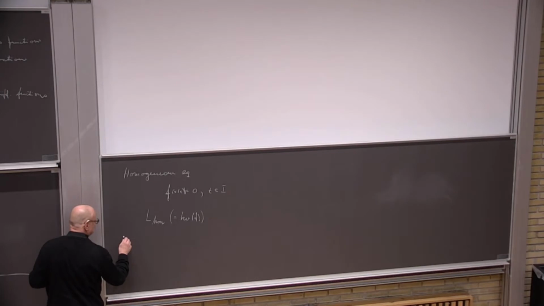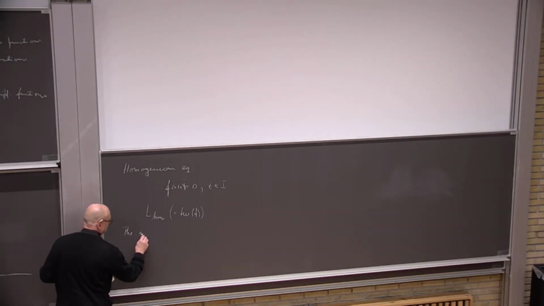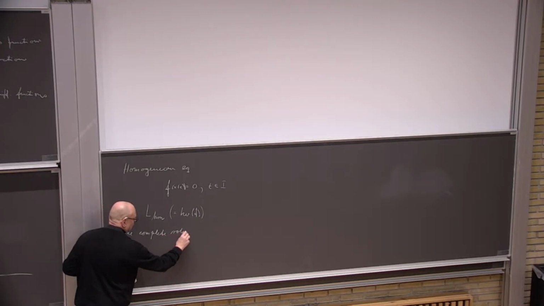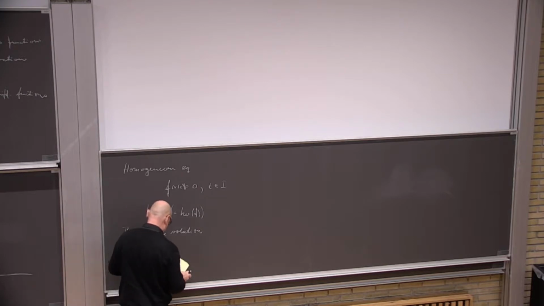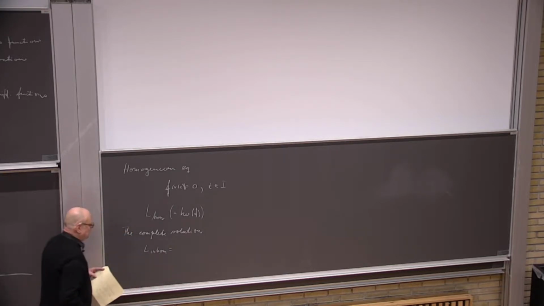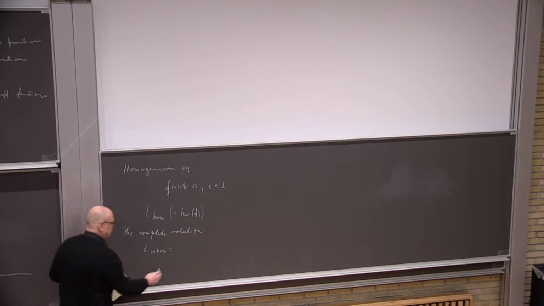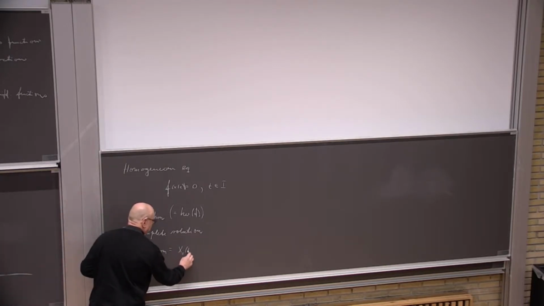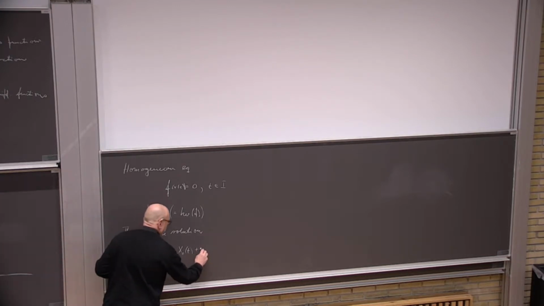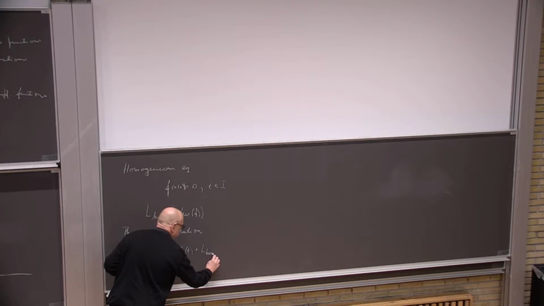Now the complete solution, and I write this as the solution set to the inhomogeneous equation, is the sum of a particular solution, I call it x0 of t, plus the complete solution to the homogeneous equation.